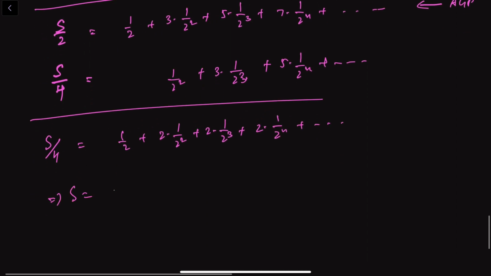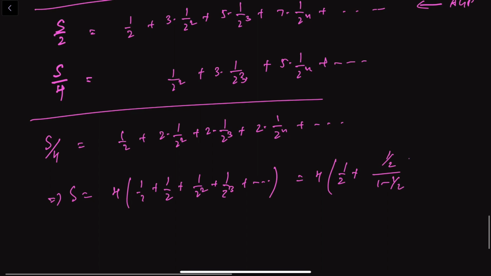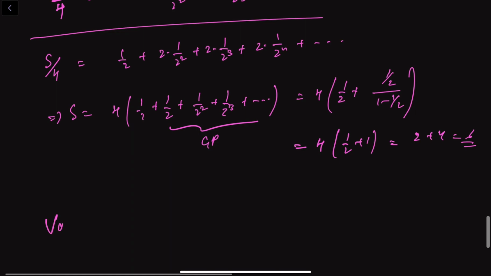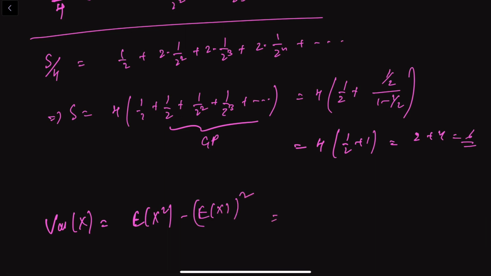So s is 4 times 1 by 2 plus 1 by 2 square plus 1 by 2 cube plus and so on, which is 4 into 1 by 2 plus a by 1 minus r. It's the sum of an infinite geometric progression. So 4 into 1 by 2 plus 1, this gives 2 plus 4, which is 6. So that is our expectation of x square. Expectation of x square minus expectation of x whole square gives us the variance, which is 6 minus 2 whole square, which is 6 minus 4, which is 2.